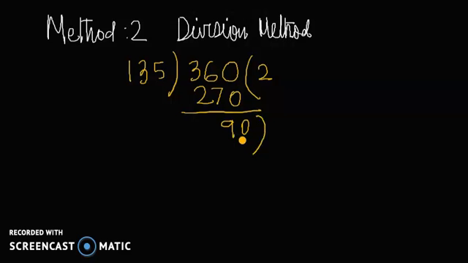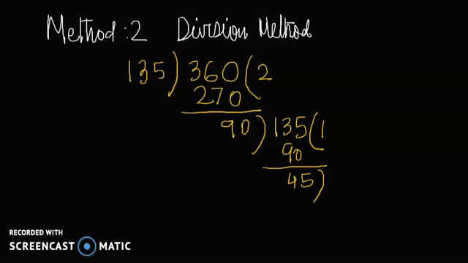Now we will again divide 135 by 90, and we have 90 times 1 is 90. You can't go 90 times 2 because that is 180, which is more than 135. So if you subtract, 135 minus 90 is 45.